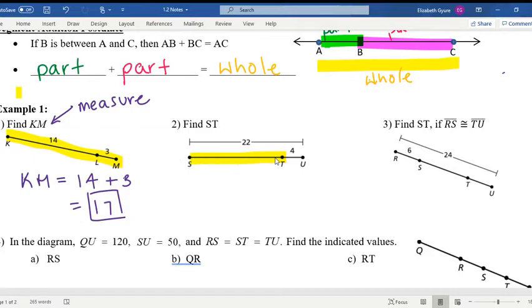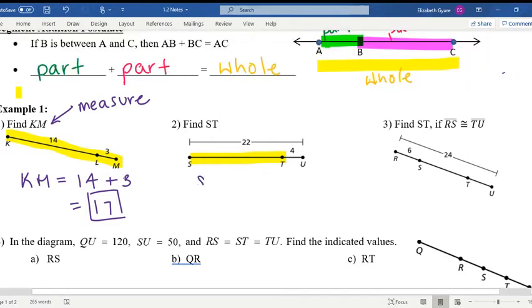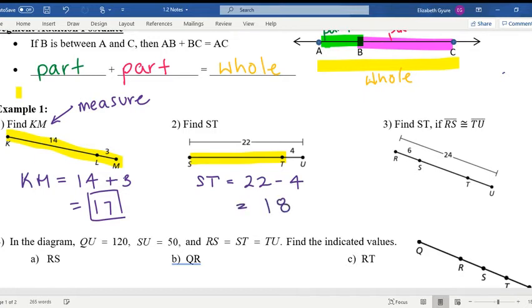So where in 1 you added, in 2 you're going to have to subtract because you already have the whole. It's kind of like working backwards. So to find the measure of ST, you'll have to do 22, which is the whole thing, minus the part you already have. So you should get 18.